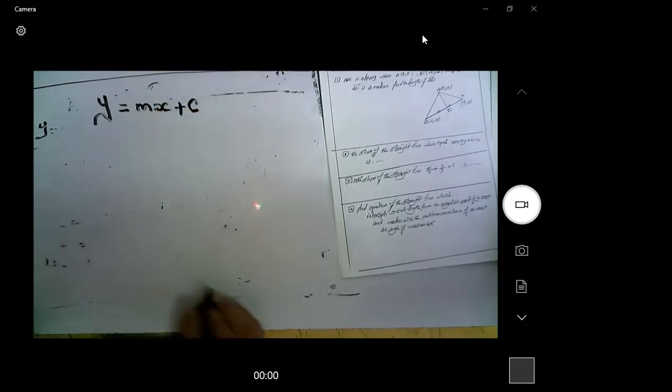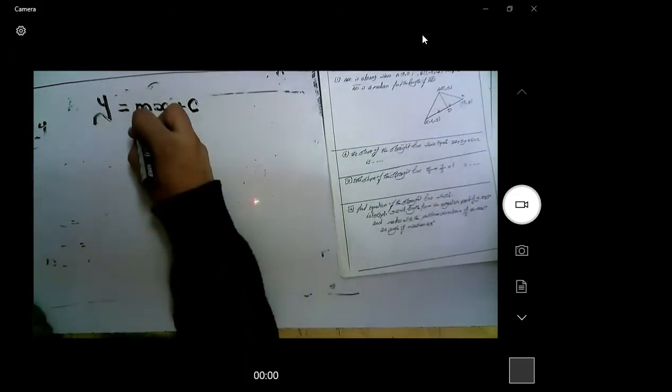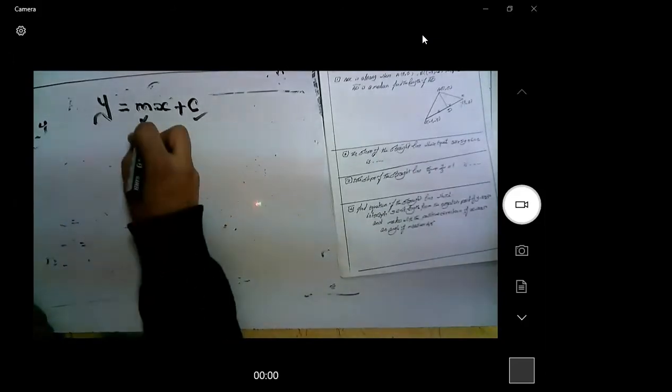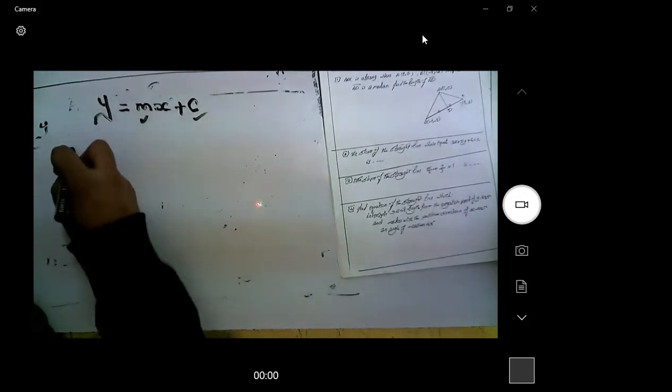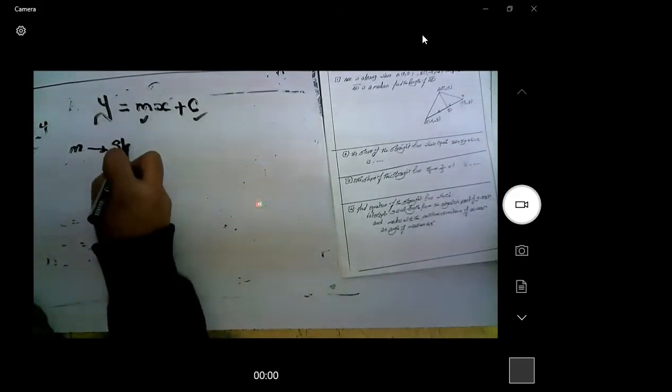So if we need to form the equation, we will find the values of m and c. m represents the slope of the straight line.